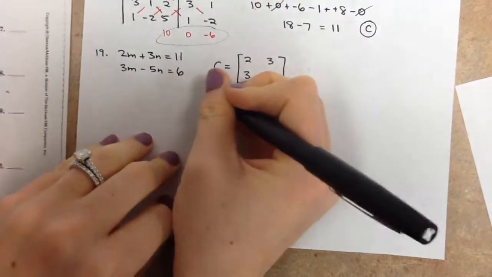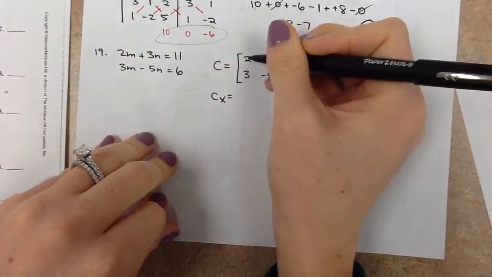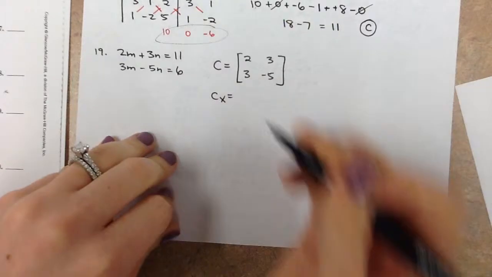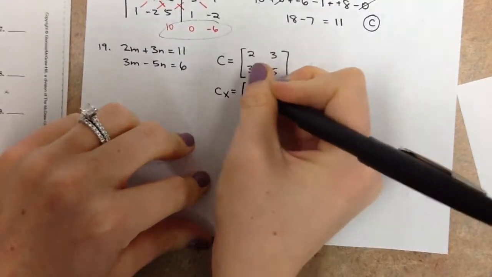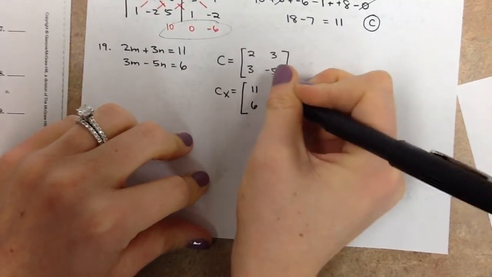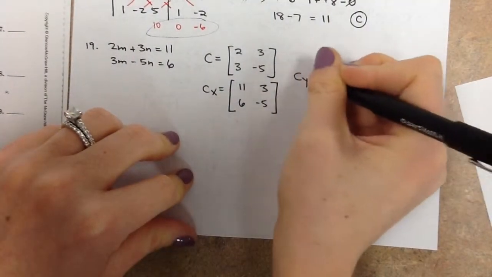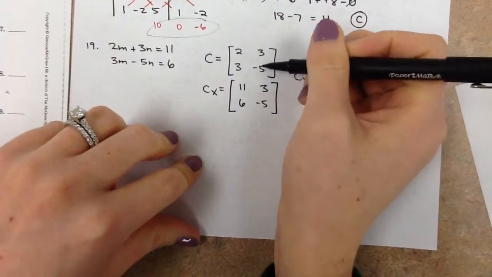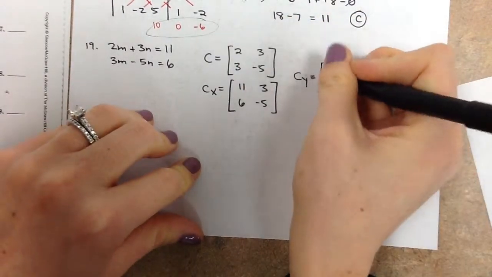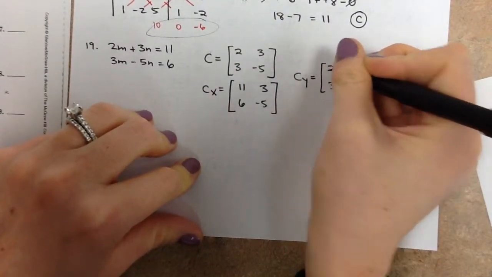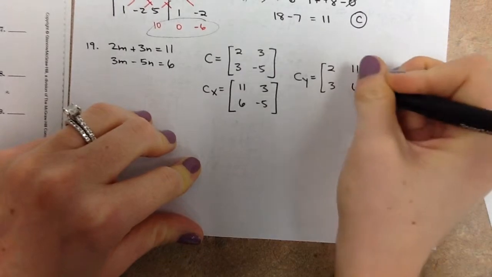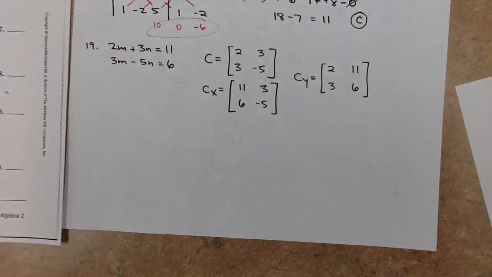We have another matrix that we call CX, where we replace the x column with the constants. So instead of the x column, we have 11 and 6, but the other column stays exactly the same. And then we have this third one called CY, where we replace the y column with the constants. So the 2 and the 3 stay, and then we replace this with the constants. Okay, so those are our three matrices.